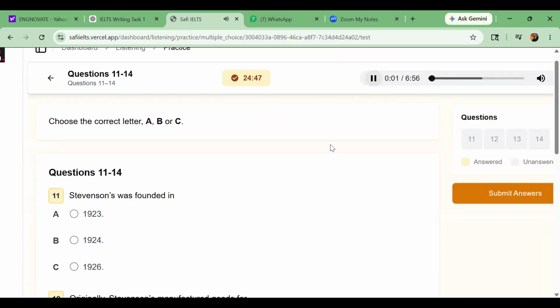Part 2. You will hear the managing director of a company called Stevenson's welcoming a group of work experience students. First, you have some time to look at questions 11 to 14. So keep in mind that he will repeat all these 3 options, but the correct option is only 1.